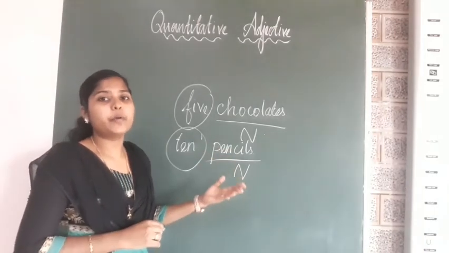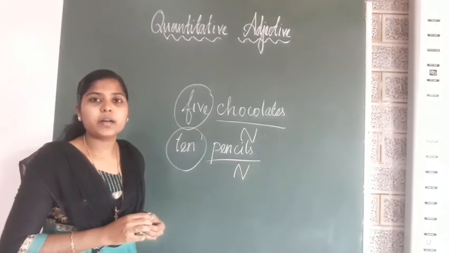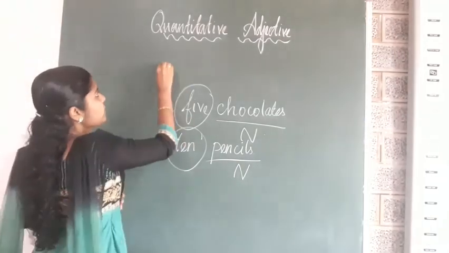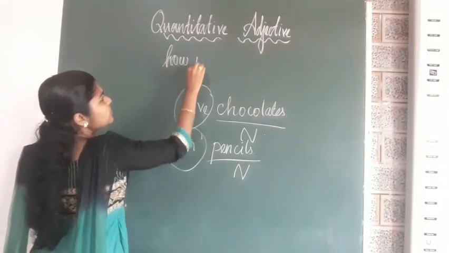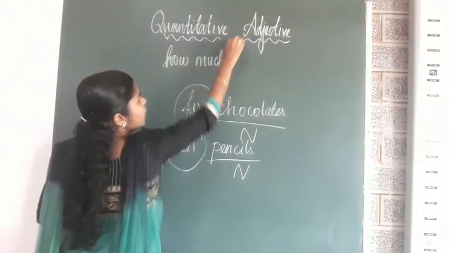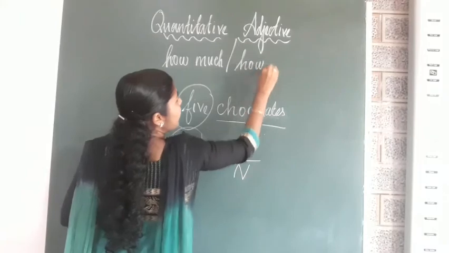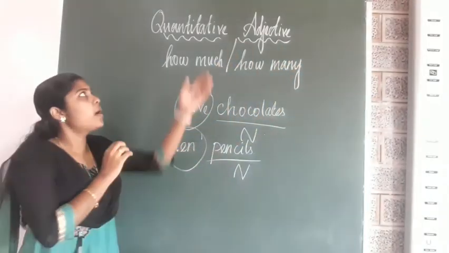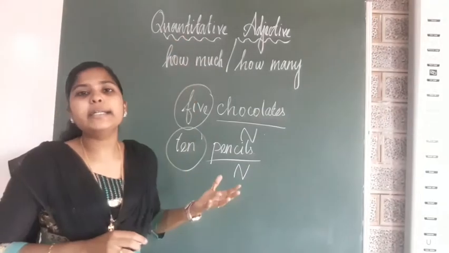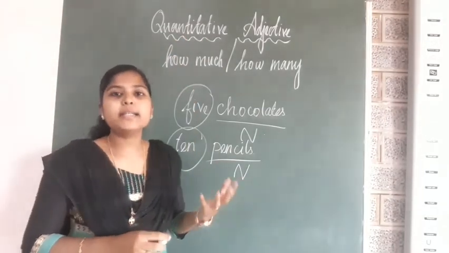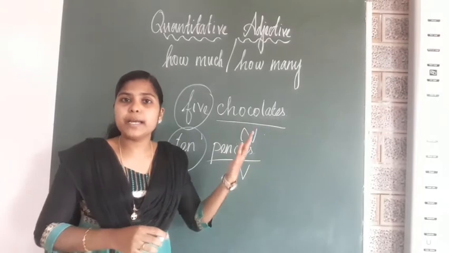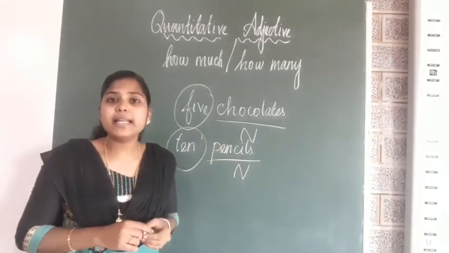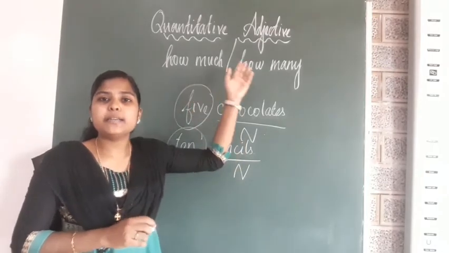That is what is called a quantitative adjective. It denotes how much or how many. So quantitative denotes the quantity of the noun or pronoun. Then it is called a quantitative adjective.